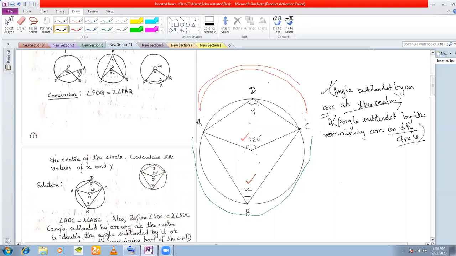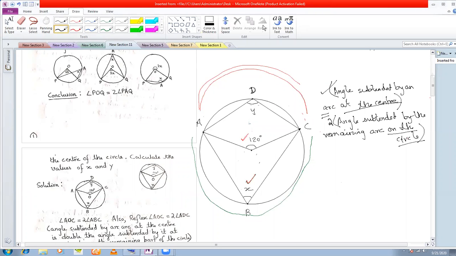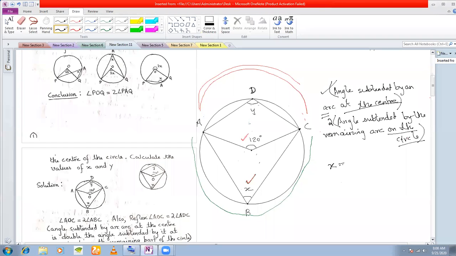So here x is the angle subtended on the remaining part of the circle, which, if you multiply by 2, you must get the angle subtended by the arc at the center. So x must be equal to 120 divided by 2, which is 60 degree.